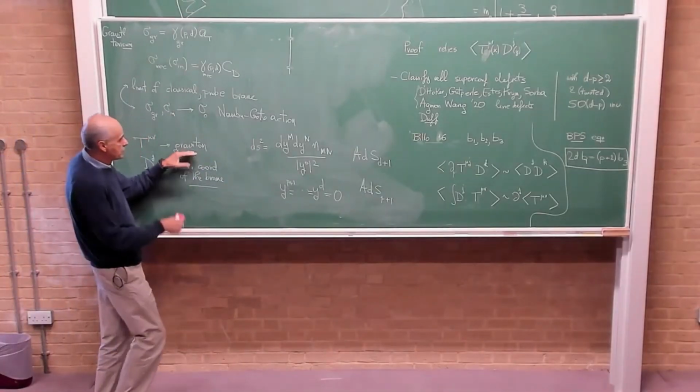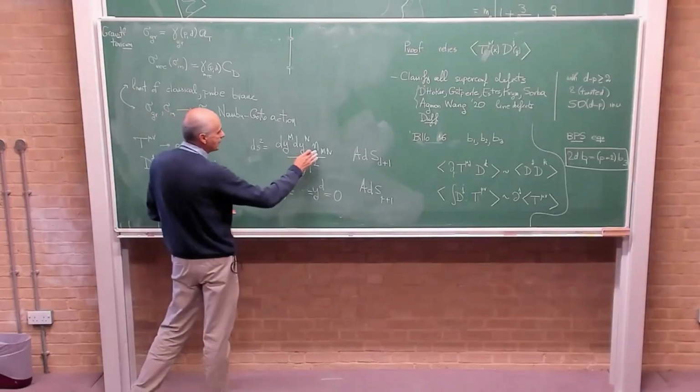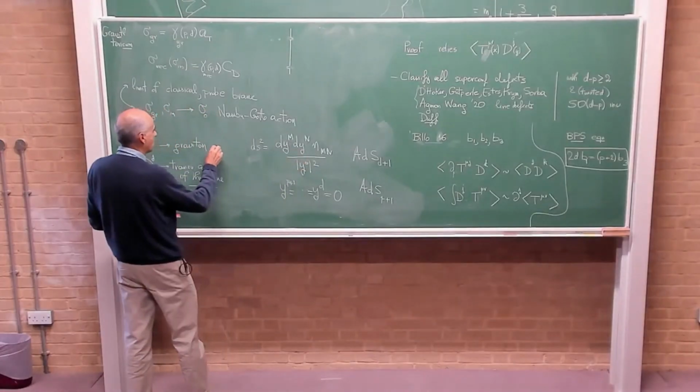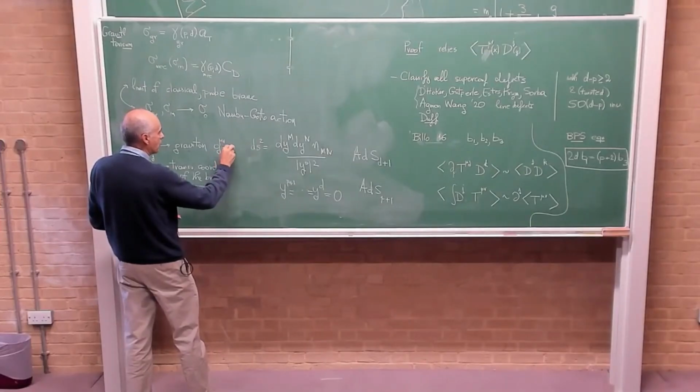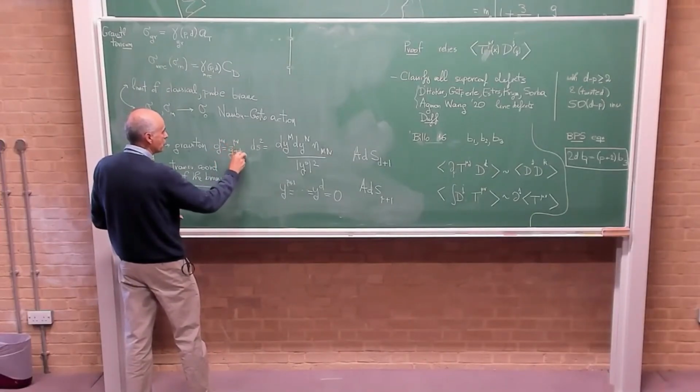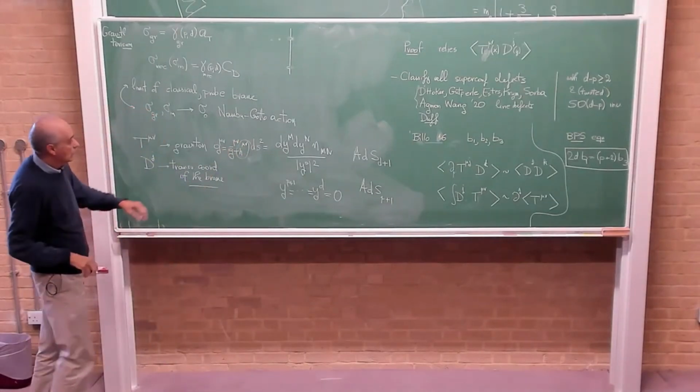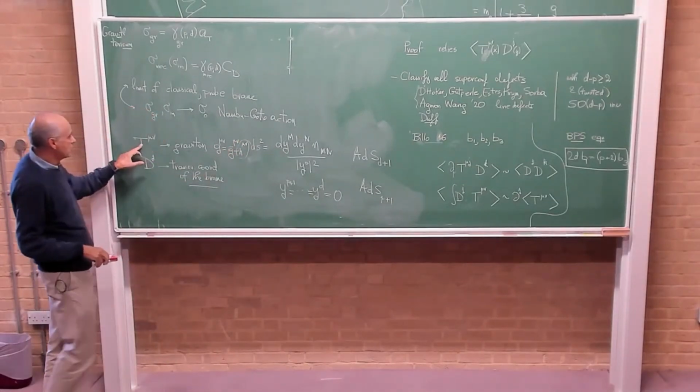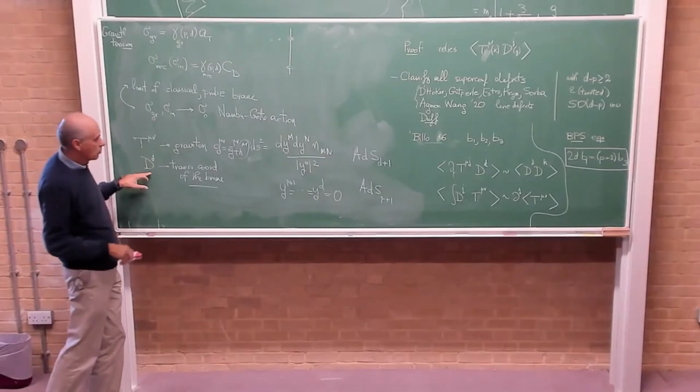And therefore, this is the perturbation of the metric. If I write now the metric as G mu nu, this metric, let's call it G bar mu nu, plus H mu nu, I need to calculate correlation functions of this, which is dual to T mu nu. And what about this?